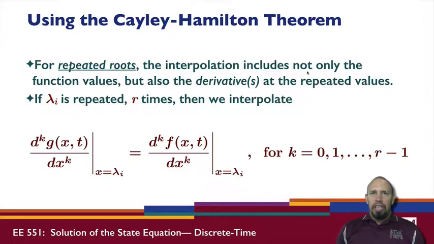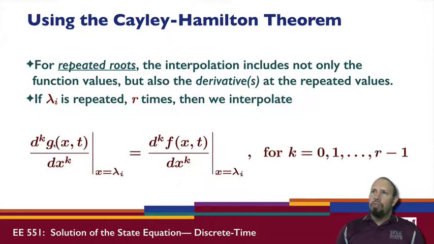And so instead of evaluating those repeated roots multiple times, we evaluate not just the repeated root, but also the derivative at that value. So not only must the two functions at the value be equal, but the derivatives of the two functions at the repeated value must also be equal. So if it's repeated r times, then we have these interpolation conditions.